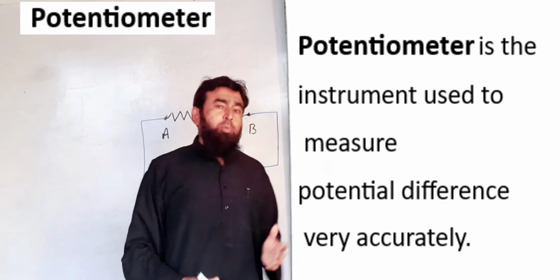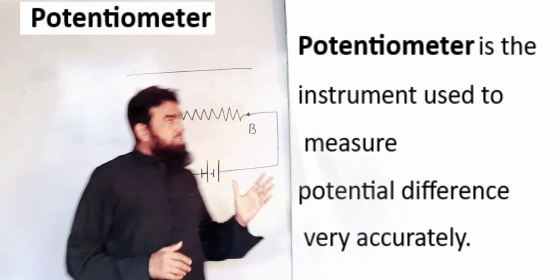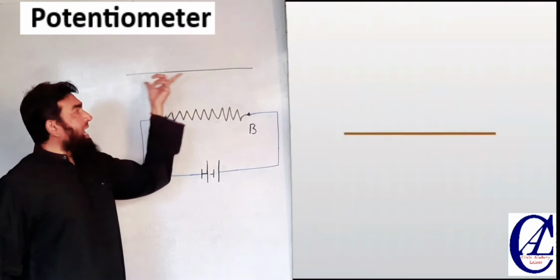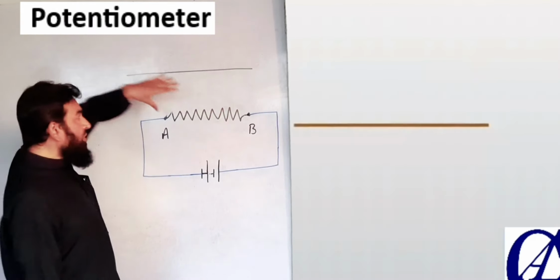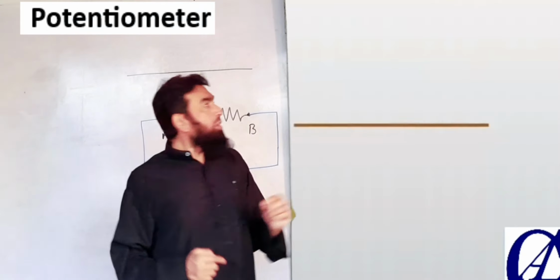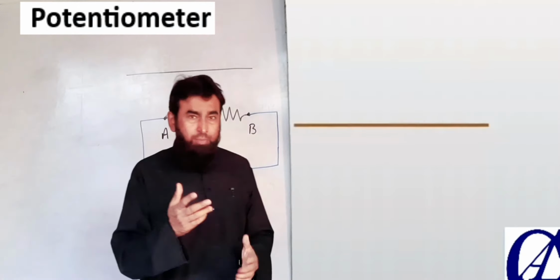The construction of the potentiometer is very simple. The potentiometer consists of a wire. Keep in mind that the diameter of this wire is constant throughout its length, meaning its cross-sectional area is the same throughout the length.